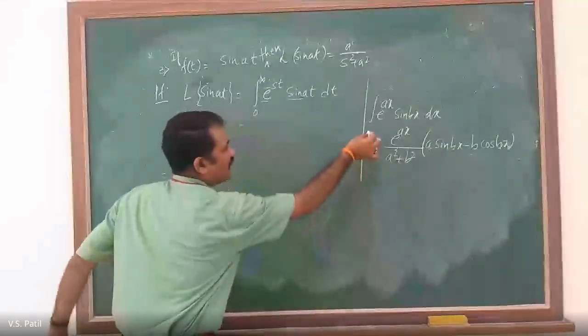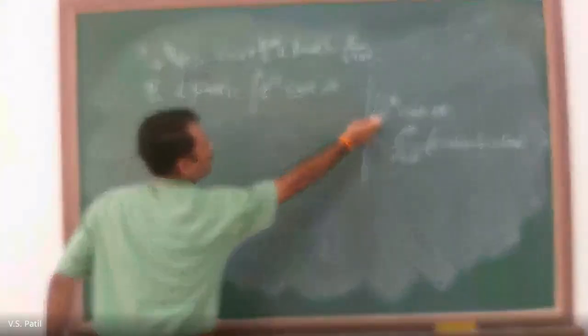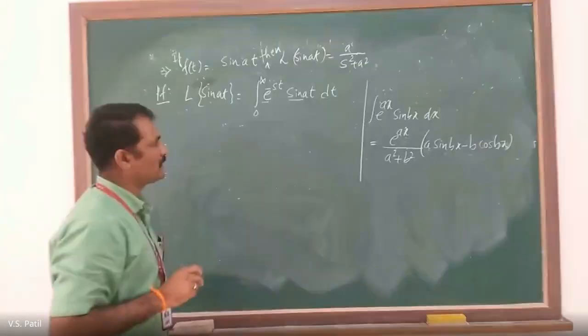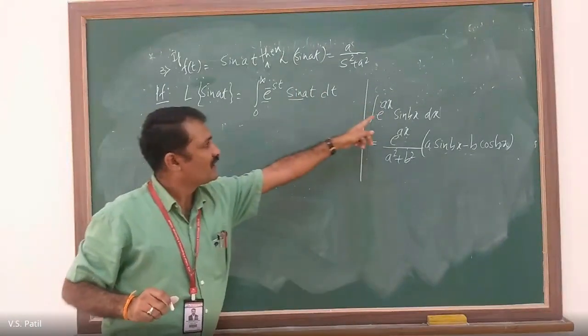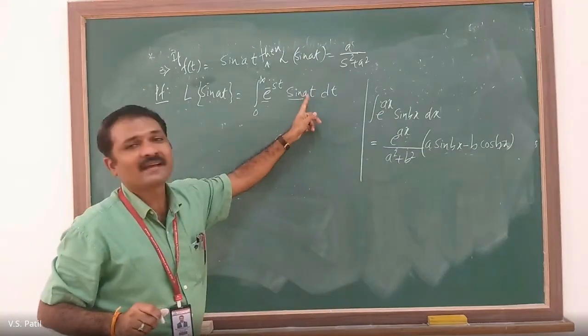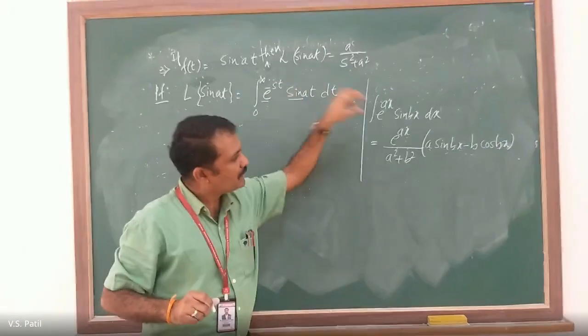If you remember this, compare this result with this one. Don't worry about the limits. In place of a, you have minus s here. In place of b, you have a. Replace this here.